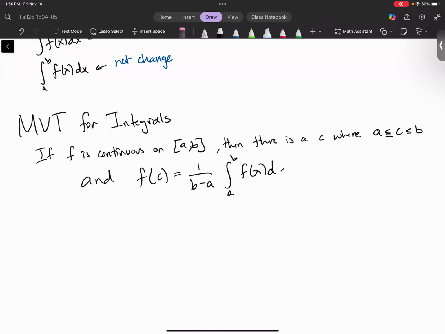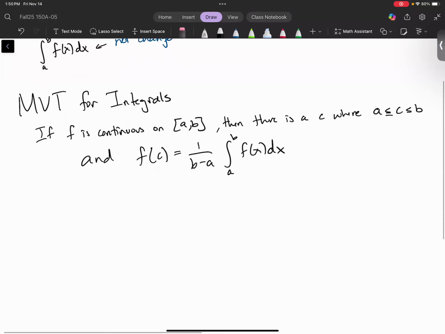We learned the average value formula last time, but it just so happens that this is actually always true.